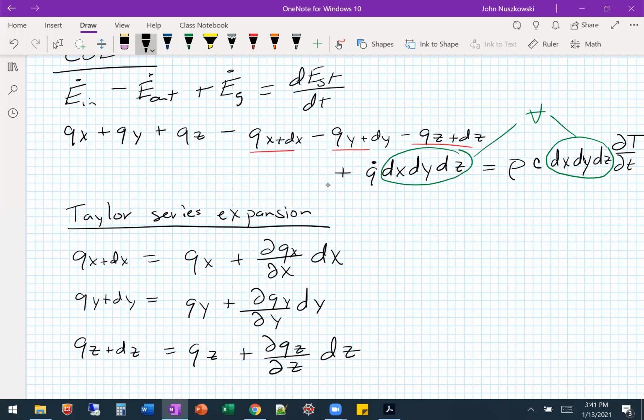Now we have what those terms are, we can plug them into our equation above, into this equation.